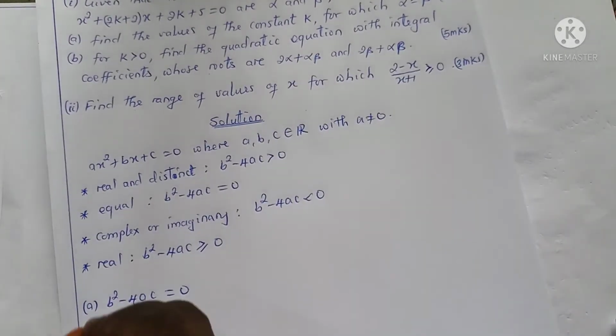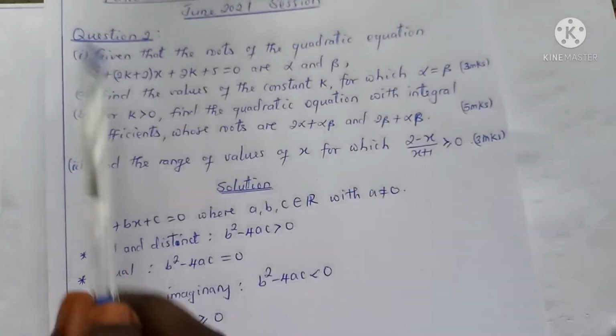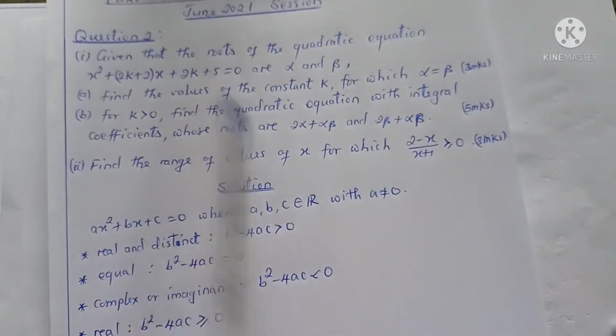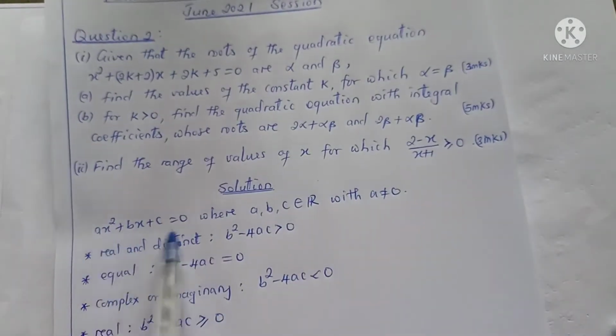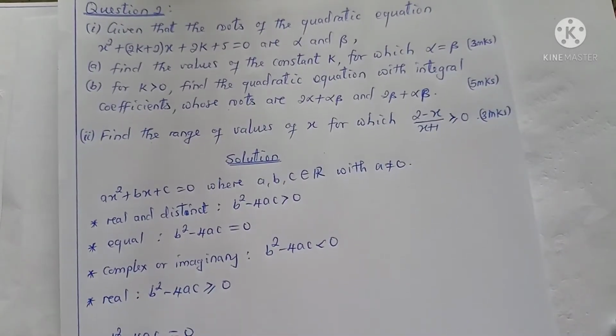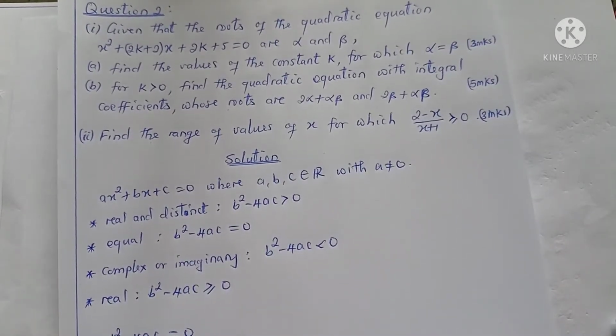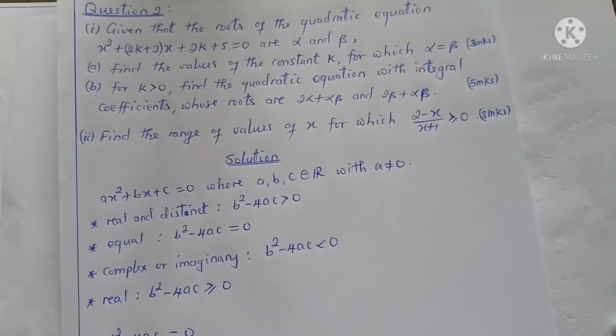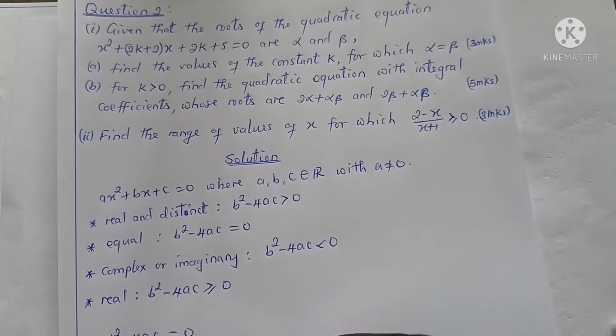But what is our a? If we compare this equation with this one, we will notice that a is 1, b is 2k plus 2, and c is 2k plus 5.